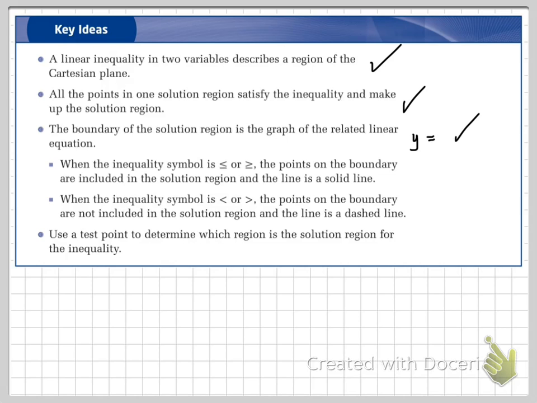When the inequality symbol is less than or equal to, or greater than or equal to, the points on the boundary are included in the solution, and it's represented by a solid line. When the inequality is just less than or just greater than, the points on the boundary are not included in the solution region, and the line will be a dashed line. Lastly, you can use a test point to determine which region of the solution for the inequality to shade.